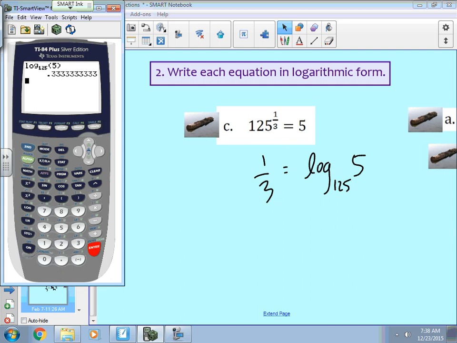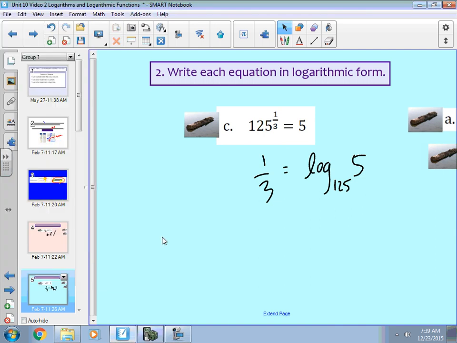And we get 0.333333, which if you hit your math fraction button is equivalent to 1/3. So yes, we did this one right. Okay, TI Inspire, if you just hit your regular log button, will do the same thing, let you enter the base and the number. If you have a TI 30, kind of that smaller scientific calculator, you don't have the ability to do that. We'll show you on the next example a way you can check though on your calculator with that one.